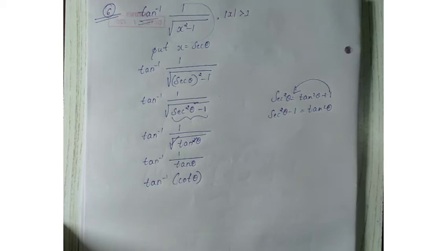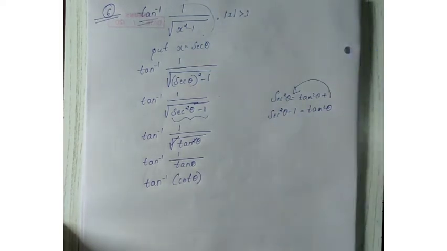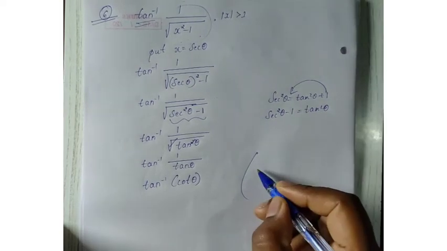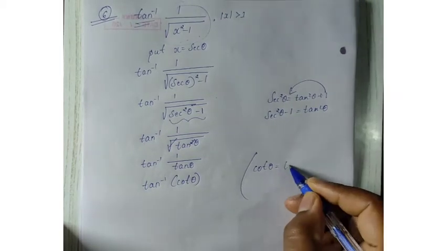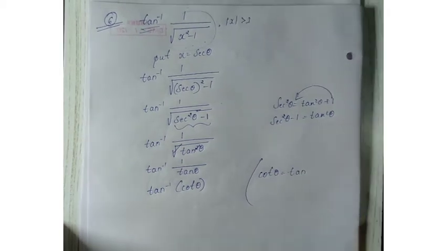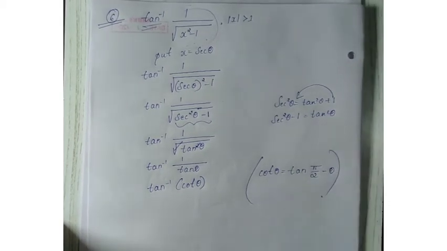While beginning the question, I said I want these terms in the form of tan. So we are still in some other format. How do we convert this cot theta to tan? Please recall, cot theta is nothing but tan of 90 minus theta, that is, pi by 2 minus theta.